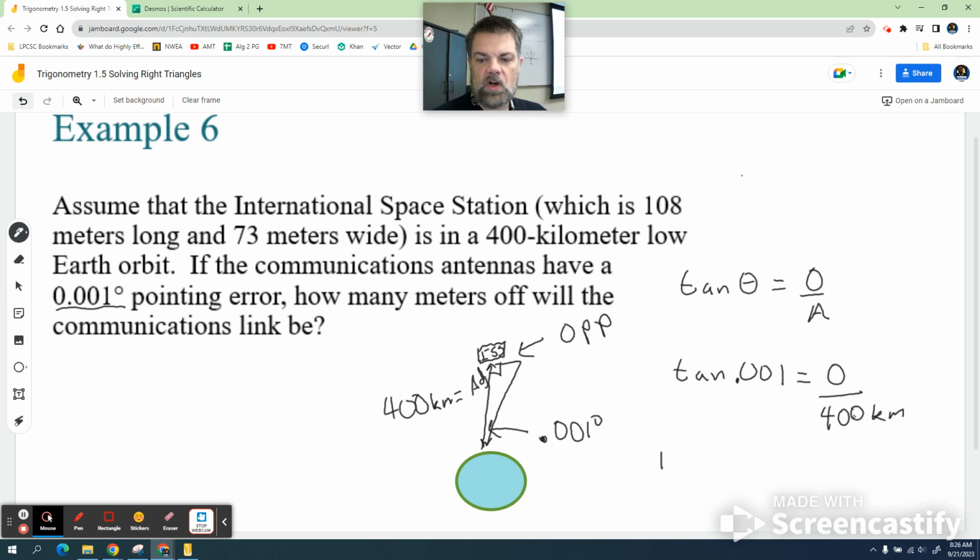So then I'm going to multiply 400 kilometers by the tangent of 0.001, and that'll give me the length of the opposite side. So let's just do that.